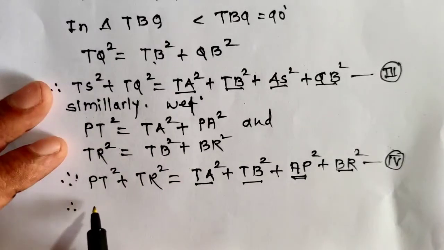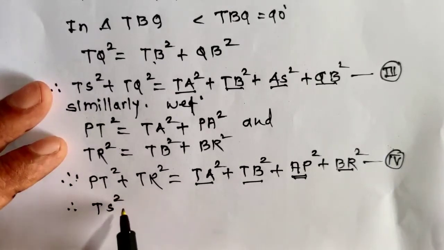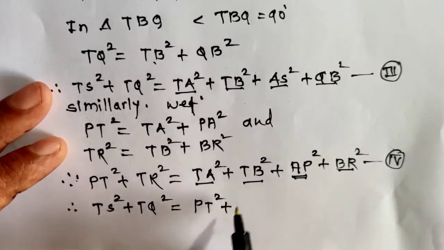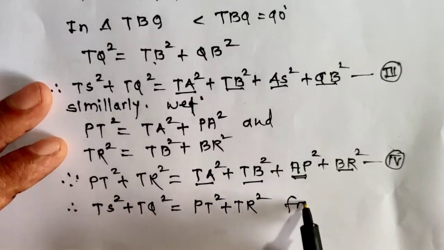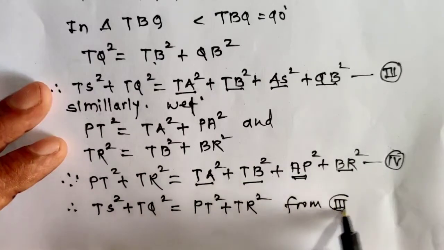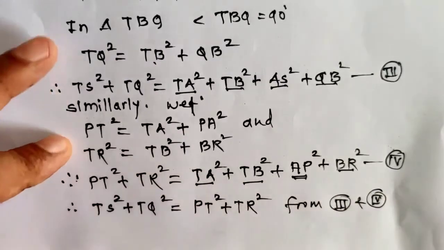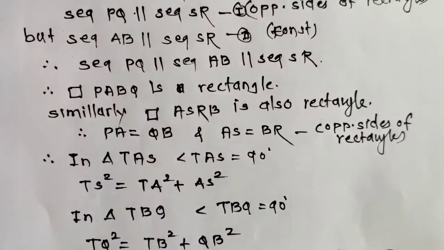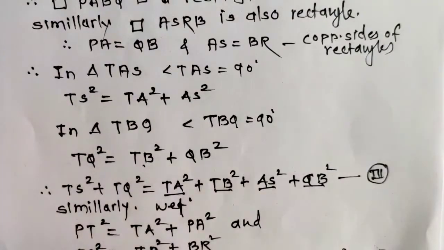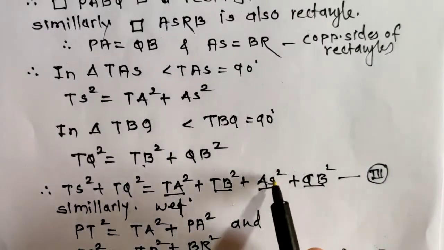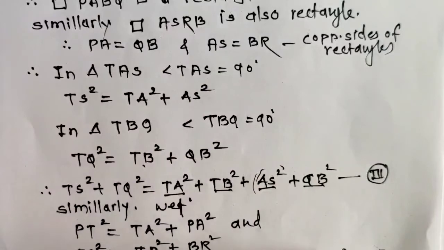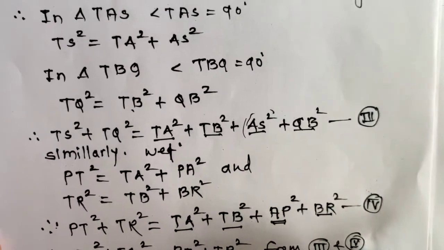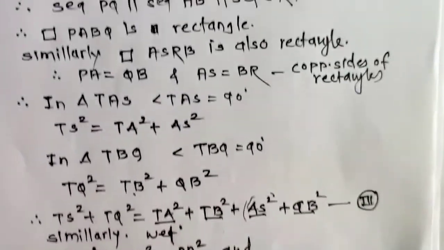Therefore from 3 and 4, TS square plus TQ square is equal to PT square plus TR square. Because here we showed PA equals QB and AS equals BR, so we can substitute directly: AS square is equal to BR square, QB square is equal to AP square. Therefore these are equal. So in this way we can prove this fifth sum.